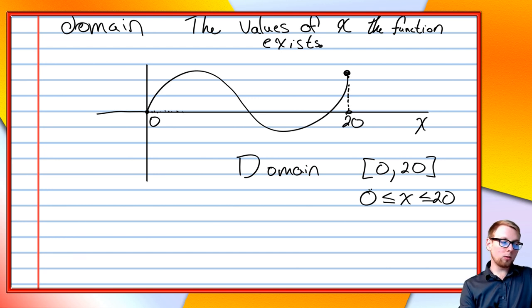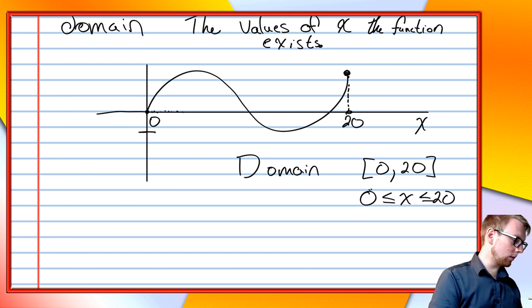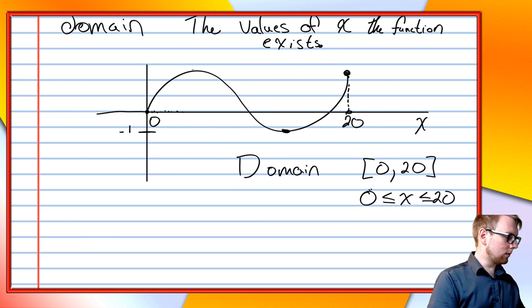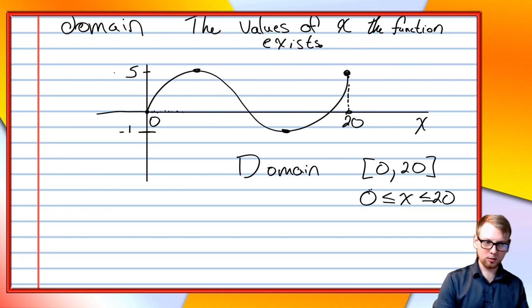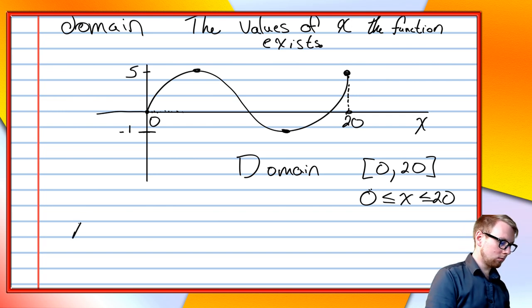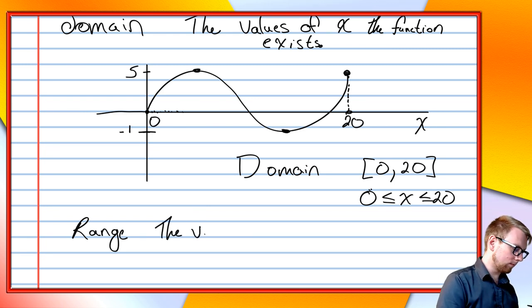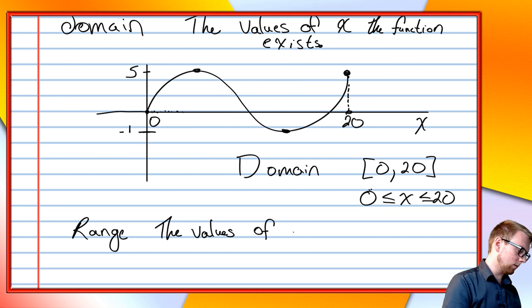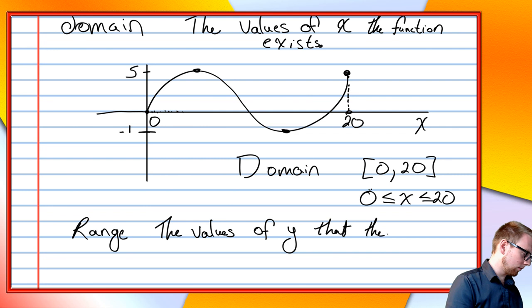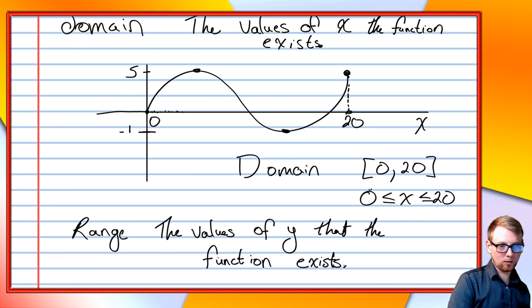Okay. The range, so let's say this lowest point value is at -1, and this highest point value is at 5. The range is the values of y that the function exists. Okay?